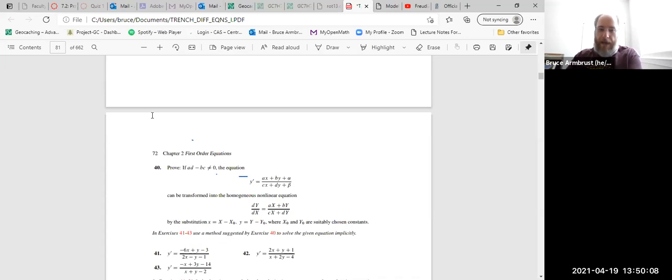So let me go ahead and write down the equation here. So 42 is y prime equals 2x plus y plus 1 over x plus 2y minus 4.